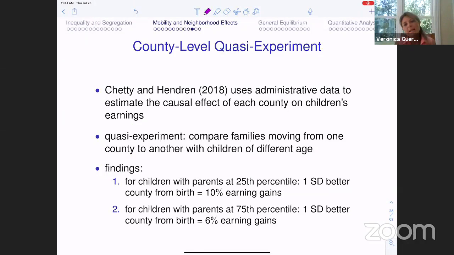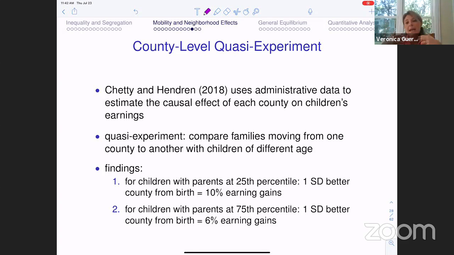The idea is that they look at 2 observationally equivalent families that move from the same county to the same other county, maybe when they had a kid of a different age. If one family had a kid that was 2 years old when they moved, and the other family has a kid that was 5 years old when they moved, they attribute the difference in income that the children earn when they grow up to this 3-year difference in exposure to the new neighborhood.